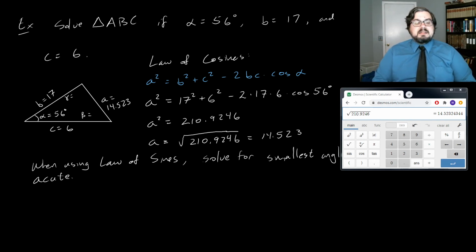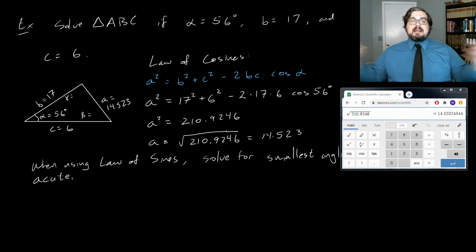What that means is that we're never going to have any sort of ambiguity with that one. You'll remember that when we were working with the law of sines, sometimes we got a situation where we had to break our problem up into a couple of different cases because we had more than one possible solution. The smallest angle in a triangle always has to be acute.